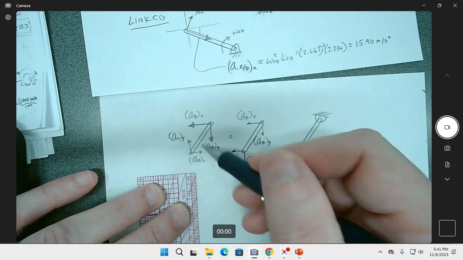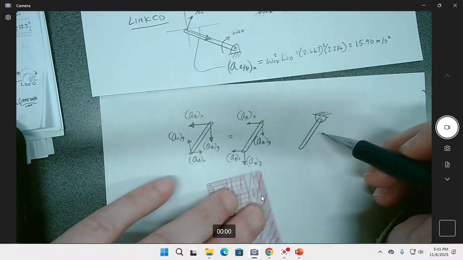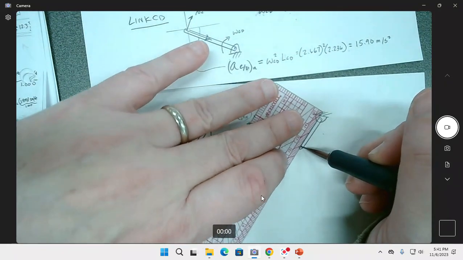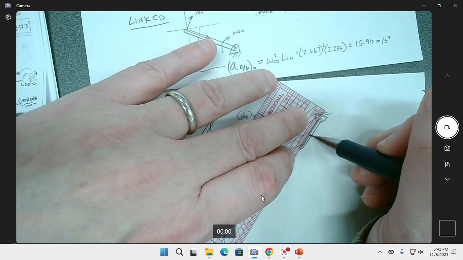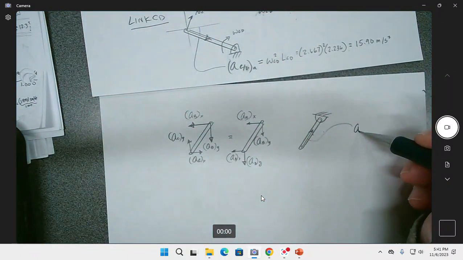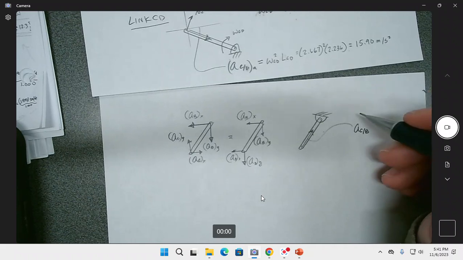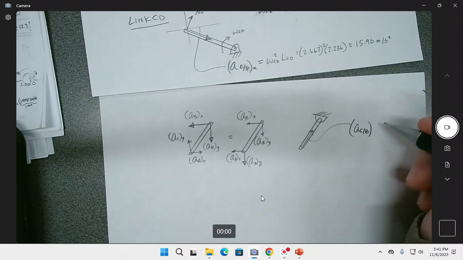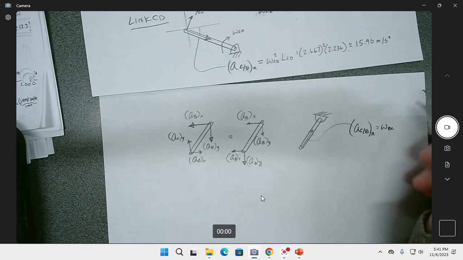Just assume positive right there. And then this one, we will know this value. So we'll put a little leader over here and go A, and this is going to be C with respect to B. And the normal, which is going to be omega BC squared LBC.